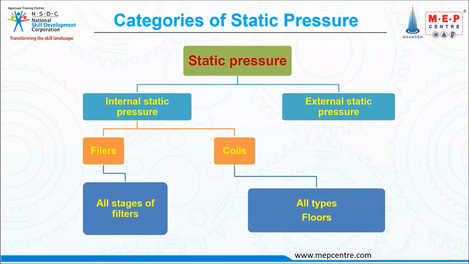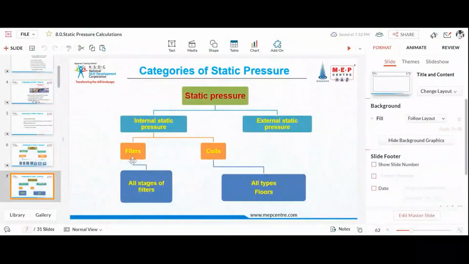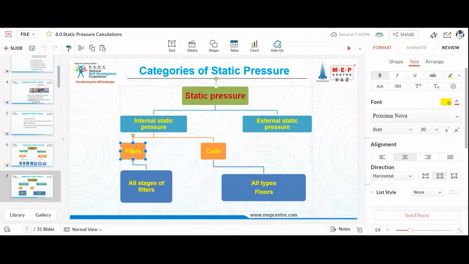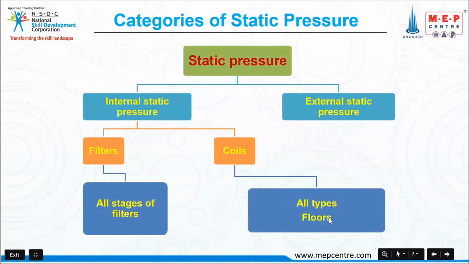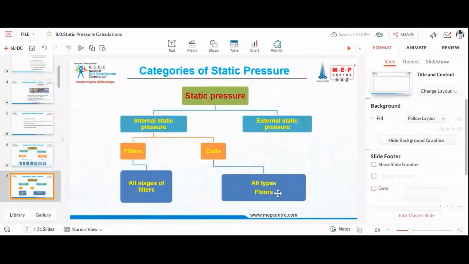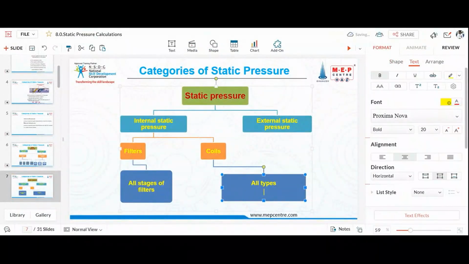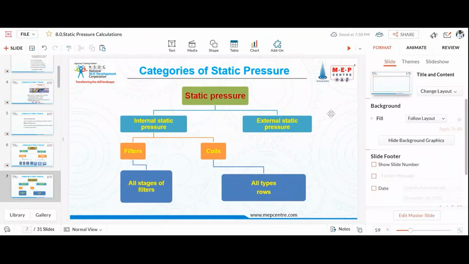Next, internal static pressure is filters and coils: all stage filters and all types of coils, 2-row coil, 4-row coil, like that.